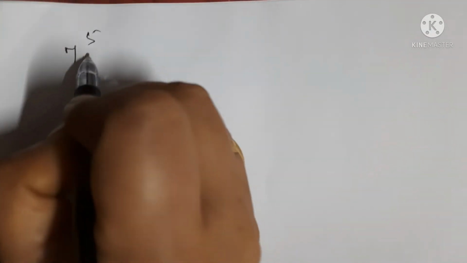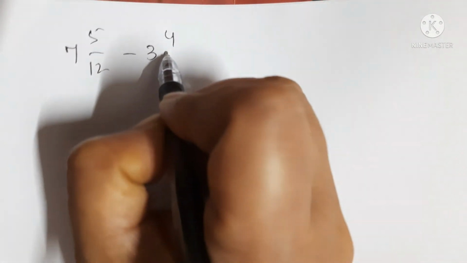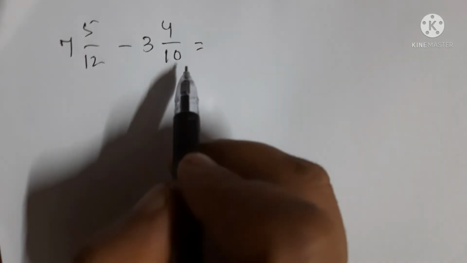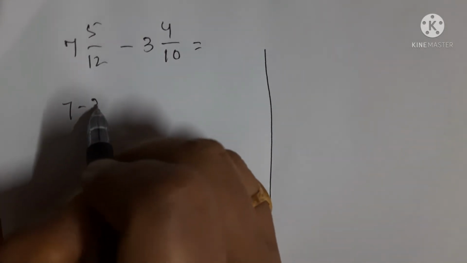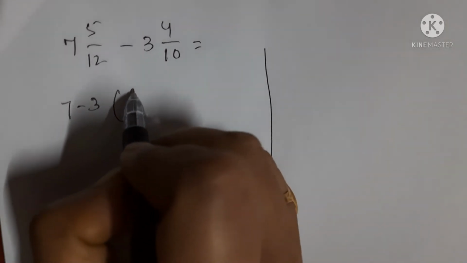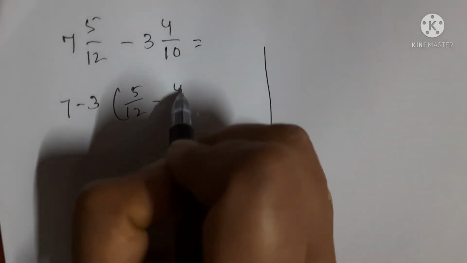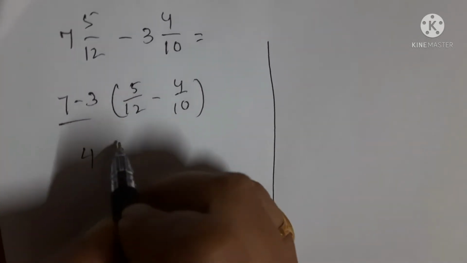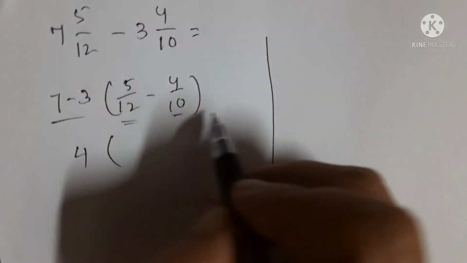Now we'll move to the next one. Let's take another example. 7 5 by 12 minus 3 4 by 10. Okay, in this one also you can do it in two ways. One is 7 minus 3. Here it is 5 by 12 and 4 by 10. Now for both of these you need to take the LCM because they are different.